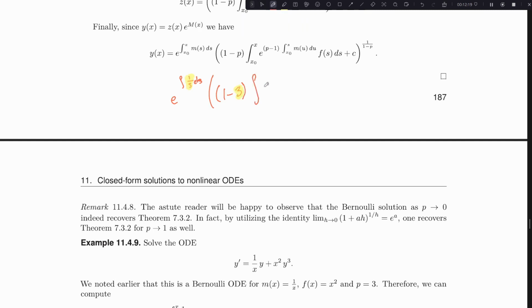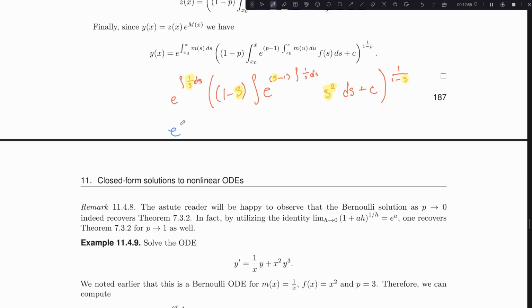And then we're going to integrate e to the 3 minus 1, so that was p again, and then integral 1 over s ds. F of s we decided was s squared. So that's f, and then ds plus c. And I have 1 divided by 1 minus 3, because 3 was p.